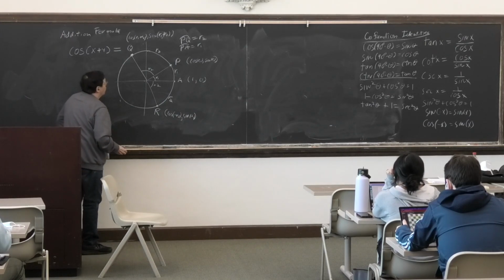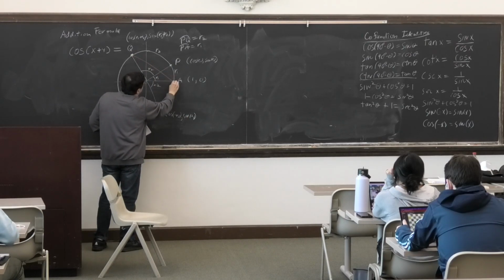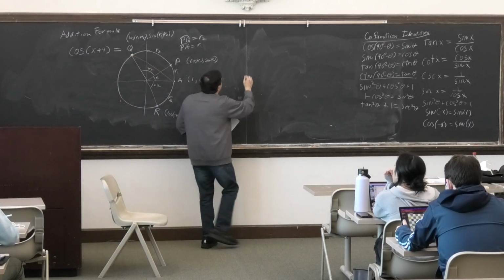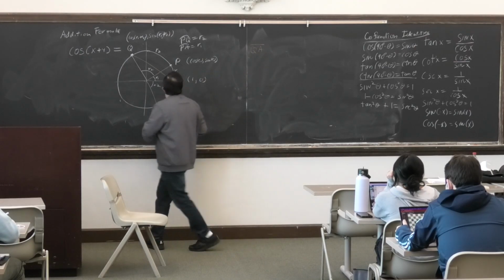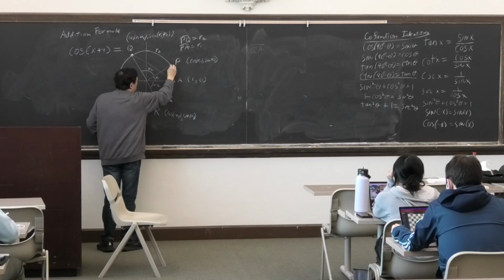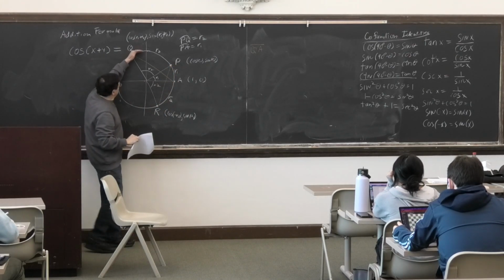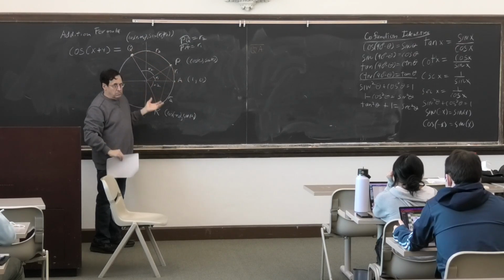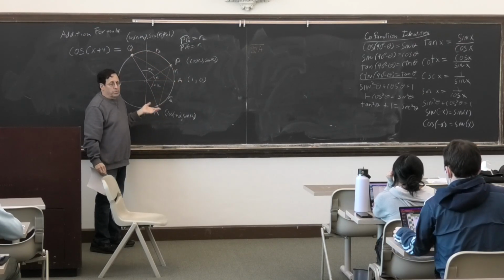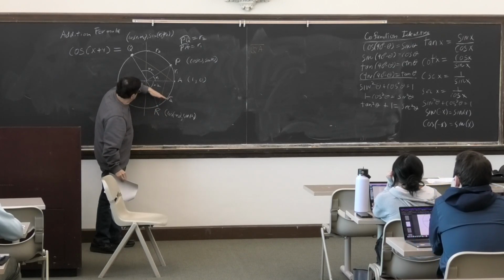Now, if we draw the lines QA and PR, well, they intersect at an angle of R1 plus R2, as does this segment, this segment.